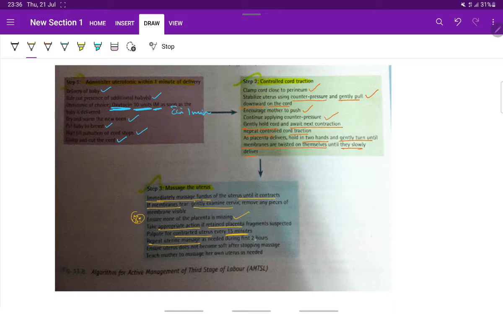Repeat uterine massage as needed during the first 2 hours. Ensure the uterus does not become soft after stopping the massage, and we should teach mother to massage her own uterus as needed. So these are all the important points regarding the active management of the third stage of labor and its algorithm.